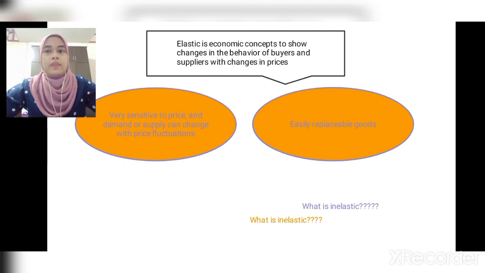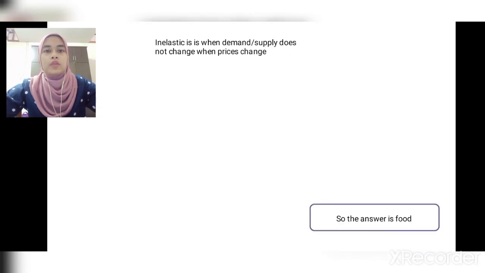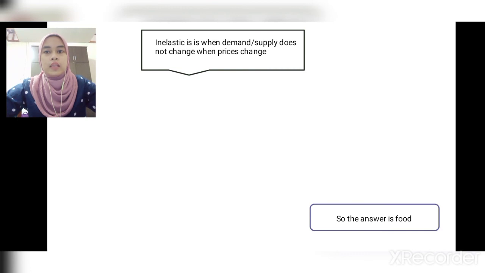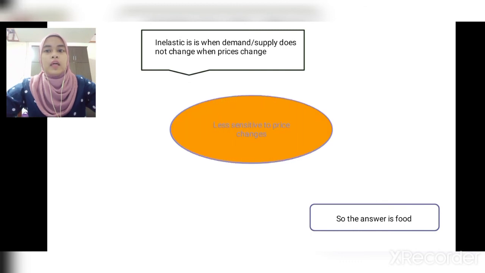For example, a life-saving drug that is critical to an illness can be inelastic because consumers will pay any price to get it. Habit-forming products like cigarettes can also be inelastic. An addicted consumer will buy cigarettes regardless of the price increase as long as their income allows them to do so.